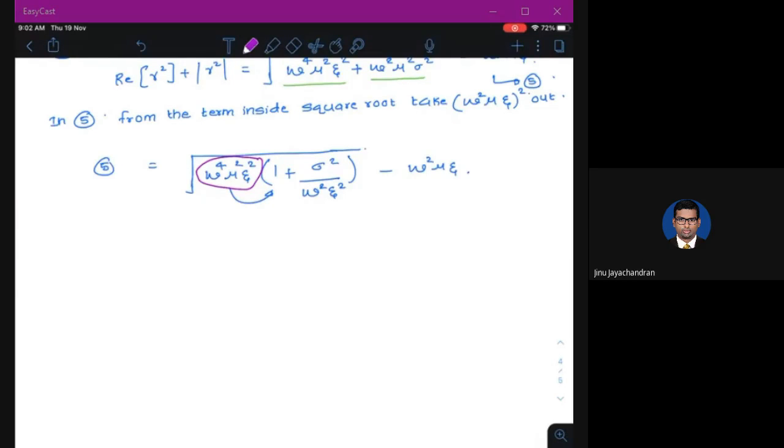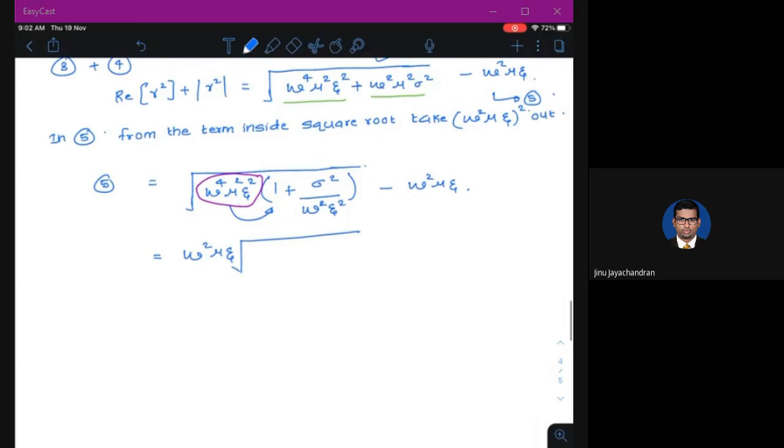So I can take this out of the square root. So this I can write as omega square mu epsilon square root of 1 plus sigma by omega epsilon the whole square, minus omega square mu epsilon.